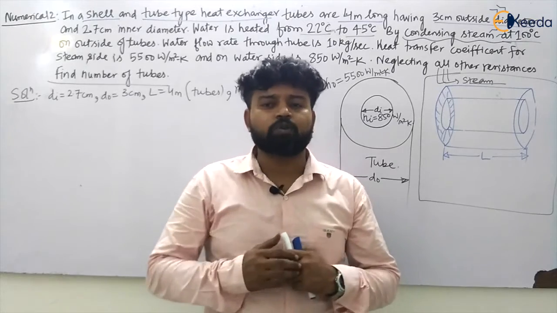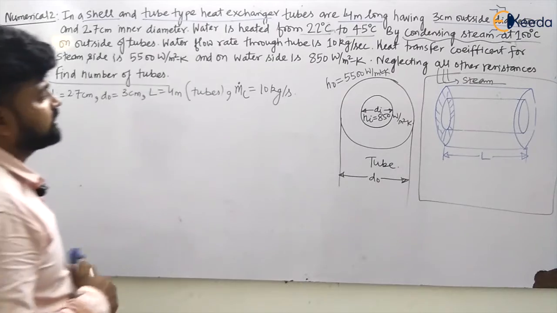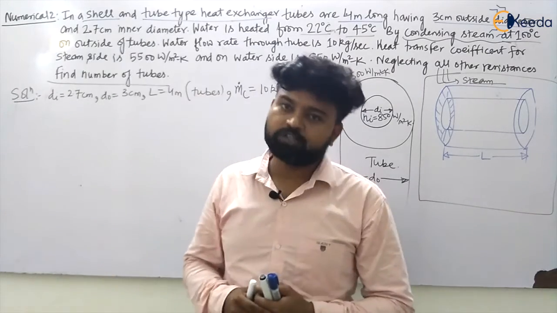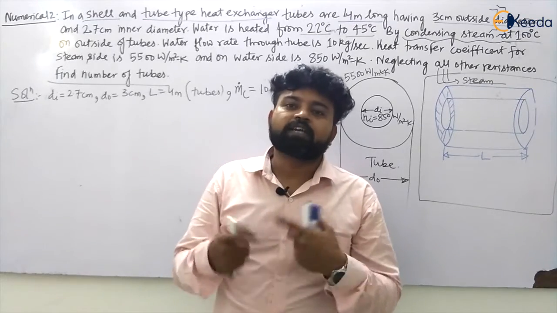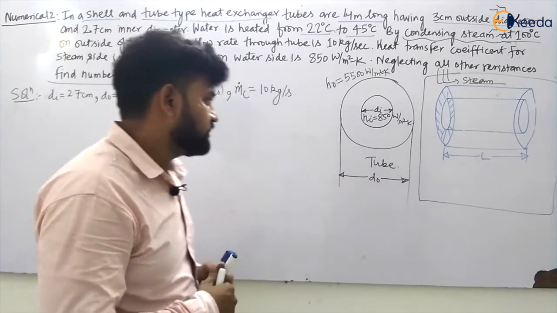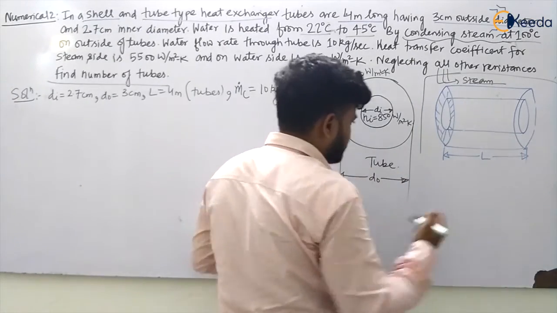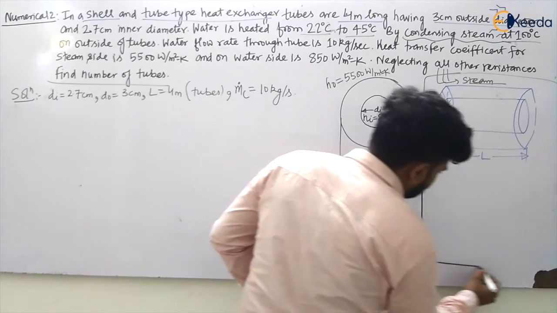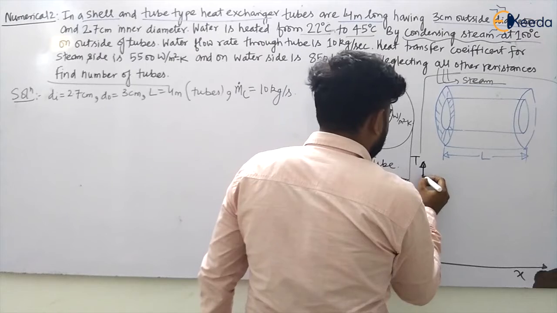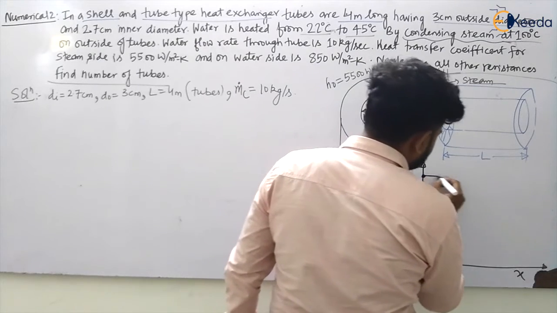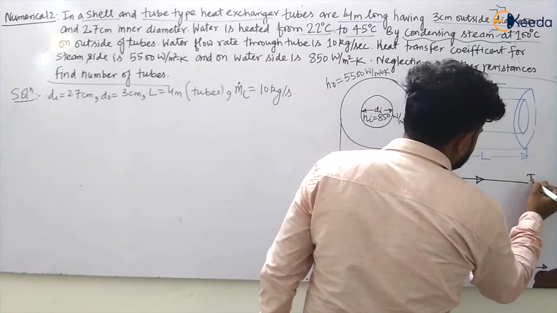And he has given us which case? He has given us a shell and tube type heat exchanger which is undergoing a temperature change. And we know for a phase change heat exchanger, we can easily calculate the delta Tm. Let us consider this case. So if I make the temperature profiles, my dear students, let us see what I will have. One fluid is undergoing a temperature change. Let us take this is x, this is your T. Let us take this is your steam, which is at TH1 to TH2.